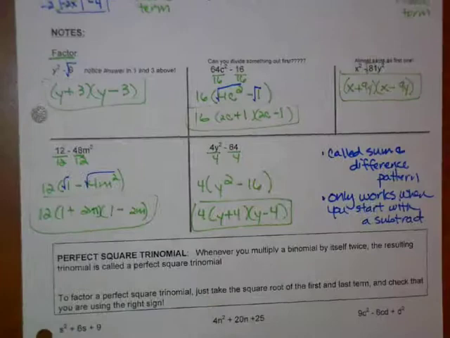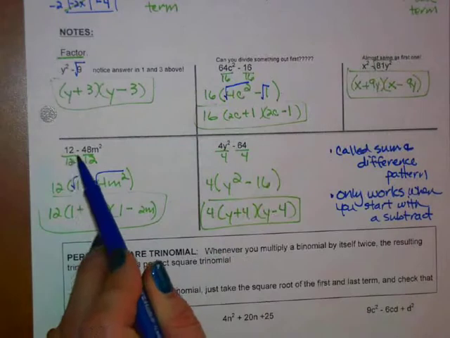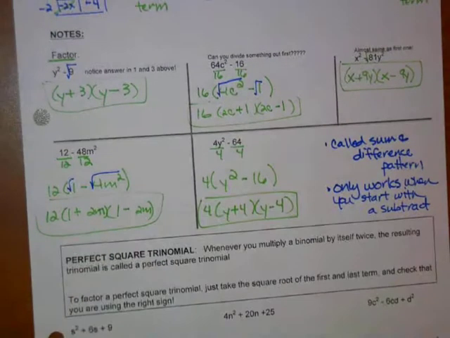Let's look at what I mean by that. See, that started with a minus, a minus, a minus. They all started with a minus. You can't do this unless it starts with a minus, okay? But it's way easier if you start to recognize it.